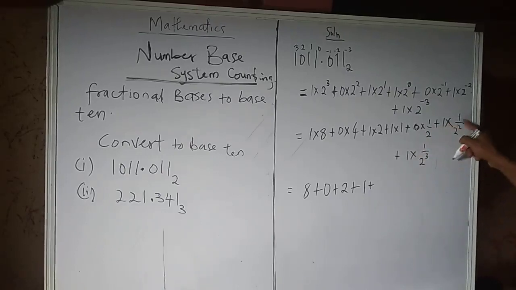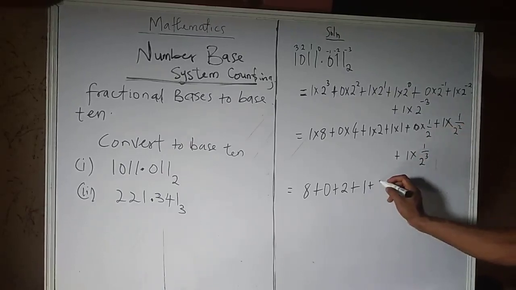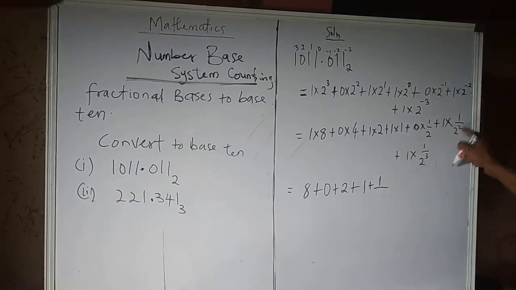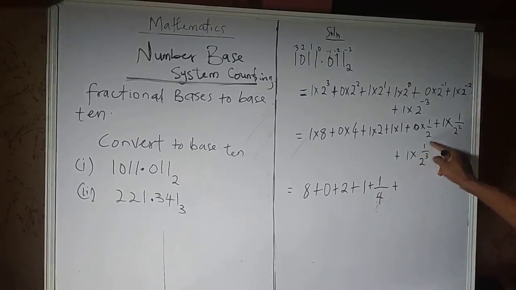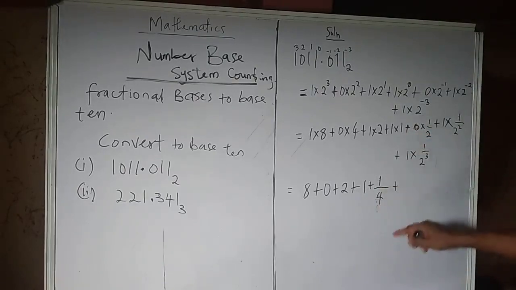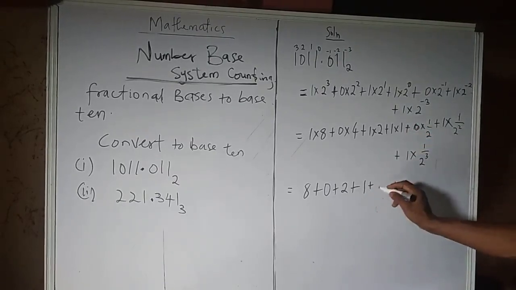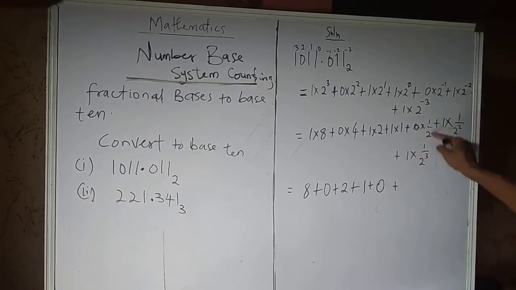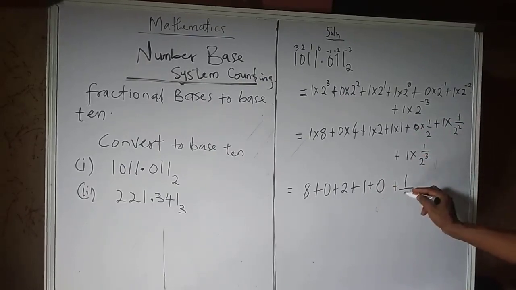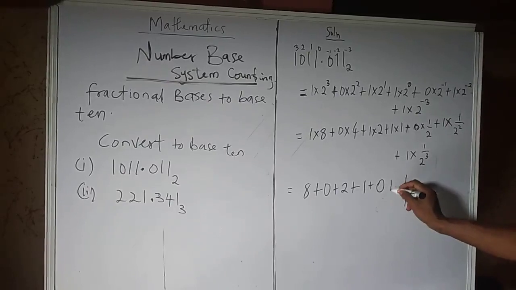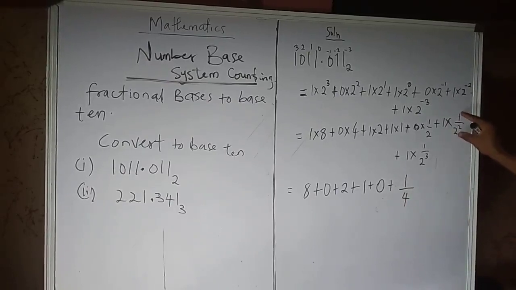Then plus 1 times 1 over 2 raised to the power of 2, and 2 raised to the power of 2 is 4. So 1 times everything here becomes 1 over 4.